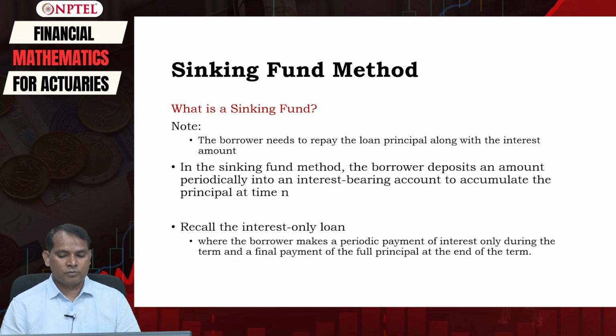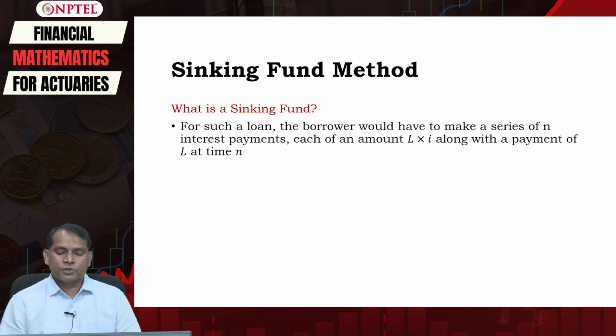Now, you recall the interest only loan, where we understood that the borrower makes a periodic payment of interest only during the term and a final payment of the full principal at the end of the term. So, for such a loan, the borrower would have to make a series of n interest payments, each of an amount L multiplied by i, along with a payment of L at time n.